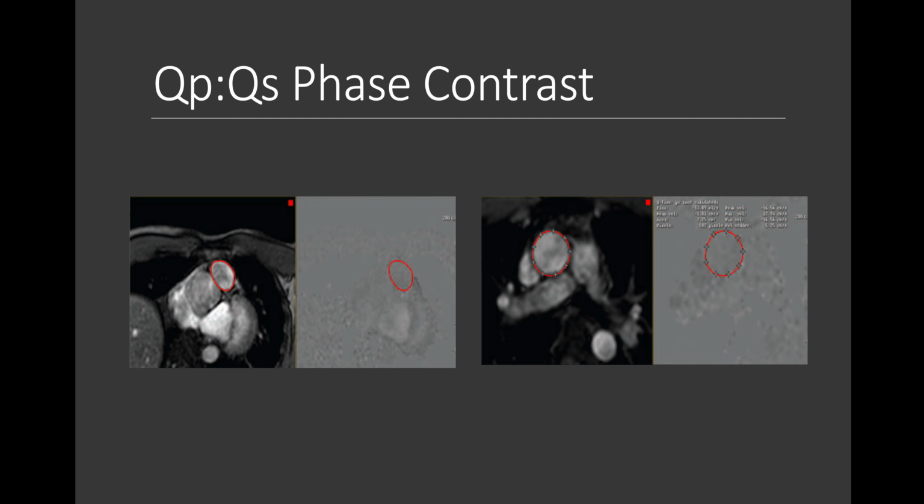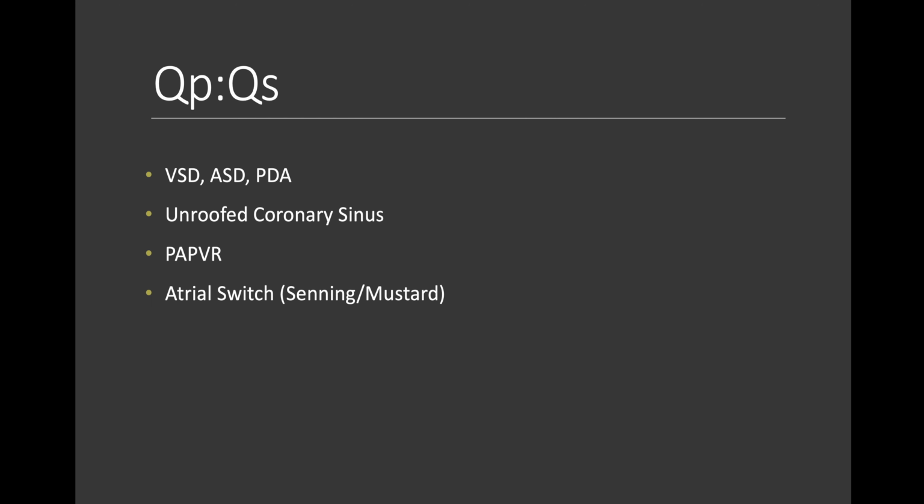Phase contrast, as we discussed in the previous lectures, lets us measure the aortic and the pulmonary flow. We can calculate the forward flow and backward flow from those sequences. There are some scenarios where it is simple to measure the QpQs, for example VSDs, ASDs, or PDAs.